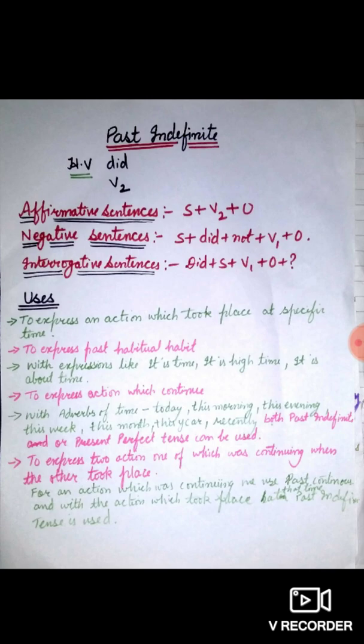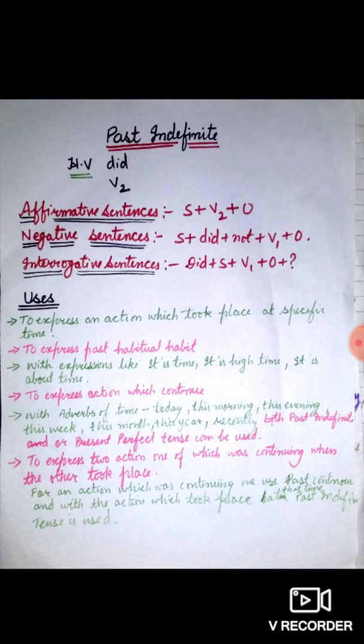But to express two actions out of which one was continuing when the other took place, the action which was going on is described in past continuous, and the action which took place after that is described in past indefinite.